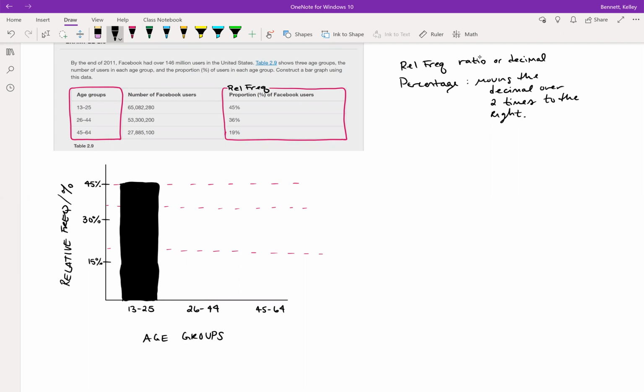All right, so that's my 13 to 25. If you want to write on top that this is 45%, that's fine. We sometimes see that. For 26 to 44, we've got 36%.